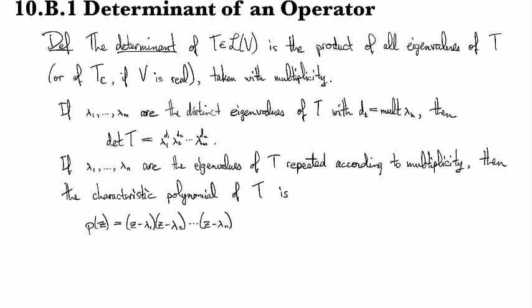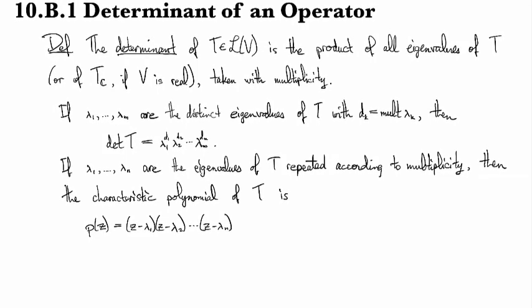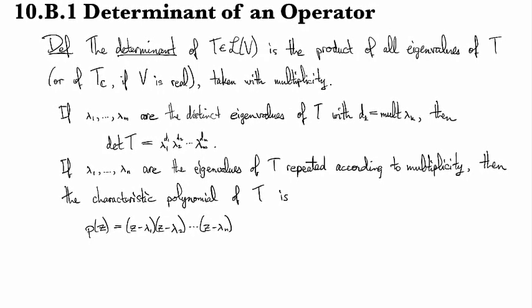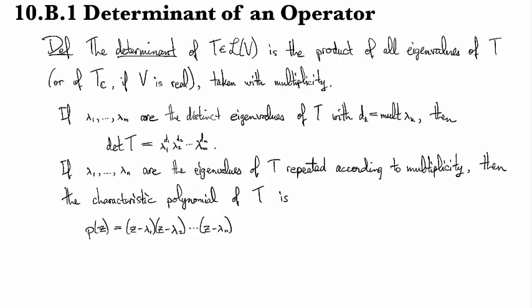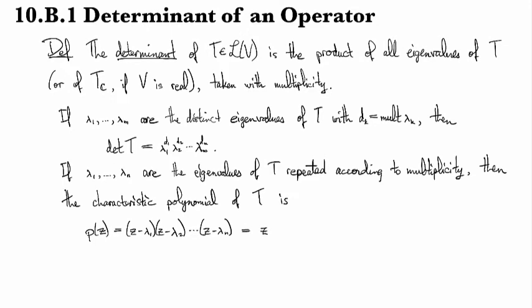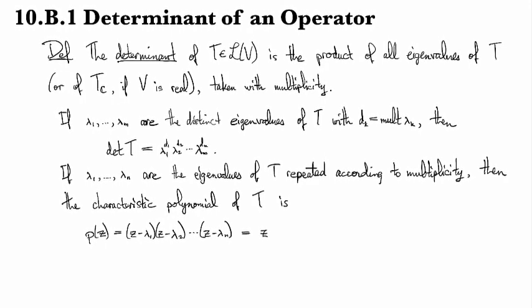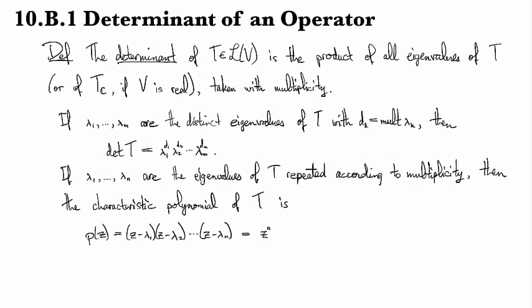And I'm assuming that we're working with the complexification if necessary, so that the polynomial splits into a product of linear factors. Then by picking the z from each of these terms, we're going to have a z to the n as our leading term.